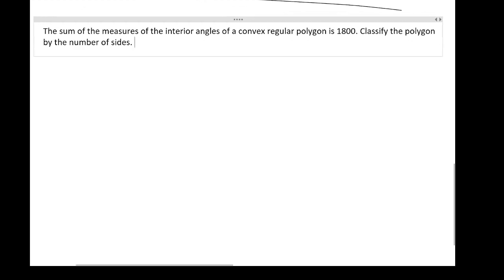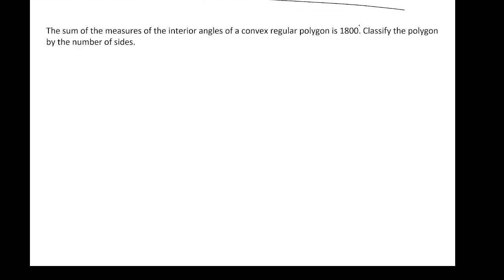The sum of the measures of the interior angles of a convex regular polygon is 1,800 degrees. Classify the polygon by the number of sides. We need a little degree symbol there.